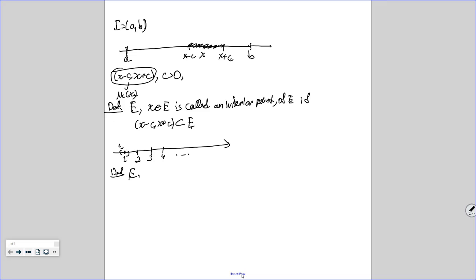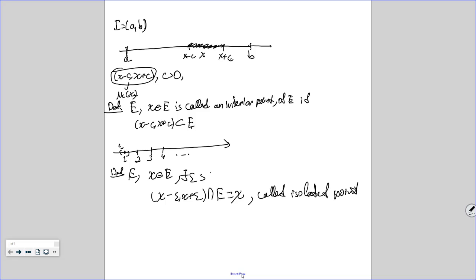Again, we have a set E of real numbers, and x in E is called an isolated point if there exists epsilon greater than 0 such that the epsilon neighborhood of x intersected with E is equal to {x}.